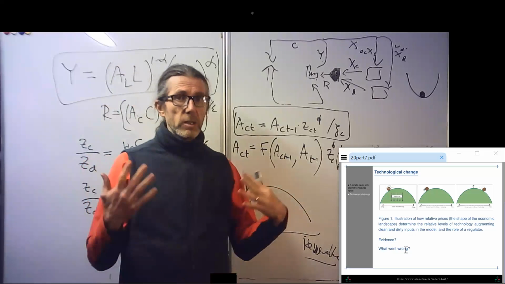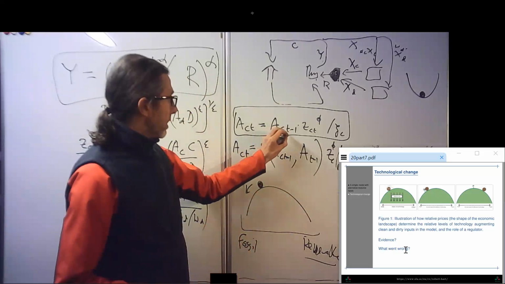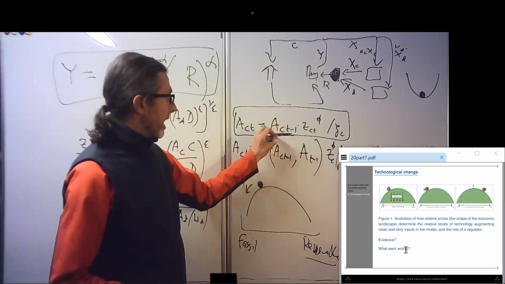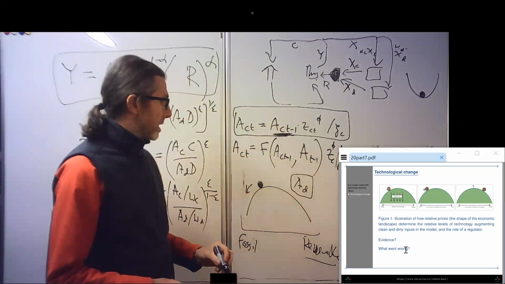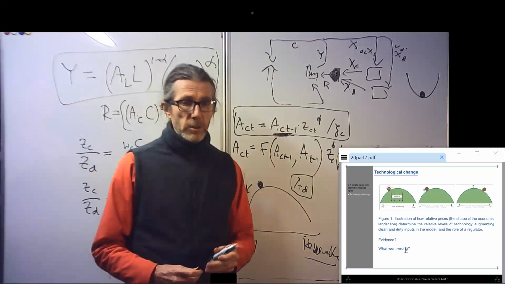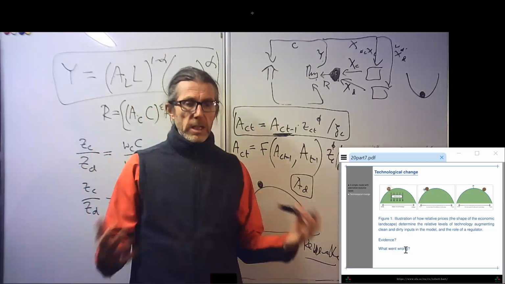All we need to do is subsidize researchers to put research into clean knowledge, AC, and stop doing research into fossil knowledge, AD, and then the problem is solved. We have a burst of research into clean technologies.